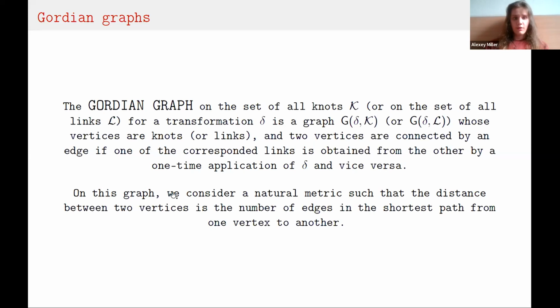On this graph, we consider the natural metric such that the distance between two vertices is the number of edges in the shortest path from one vertex to another.